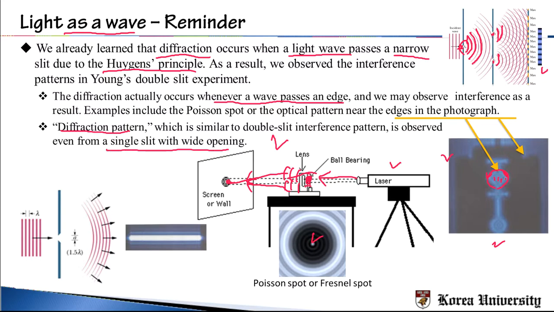Because this single slit is very wide, the upper side and lower side of the slit work just like an edge, and as a result, when you create a spherical wavelet from this wide opening, it can create a pattern like this. This does not look exactly the same as this, but you can still see the repeating pattern of bright and dark bands, right? Okay, so we'll try to study this in this chapter.